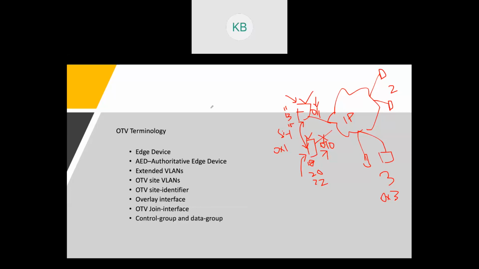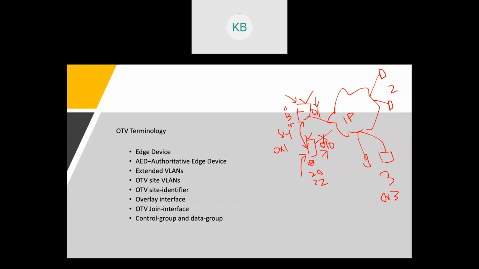Control group and data group. This is something which is used in the OTV multicast mode. As we talked about, whenever the IS-IS packets need to be sent out by an edge device to discover the other tunnel endpoints, they will be encapsulated within another multicast group so that all the sites are listening to one particular group.